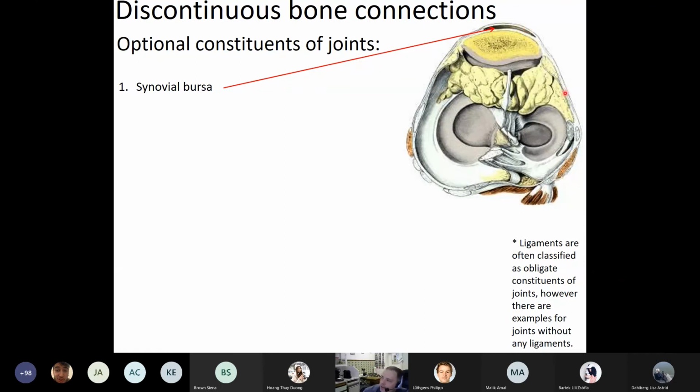In this case, here is the patella, and in front of it you have the skin of the knee area, and you have to allow somehow that the skin can be shifted above the patellar bone. Therefore, we have this synovial bursa, which allows the movement of the skin in this case.